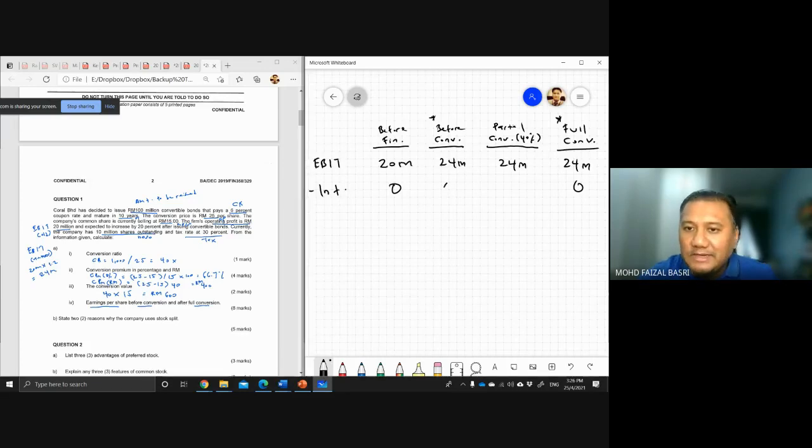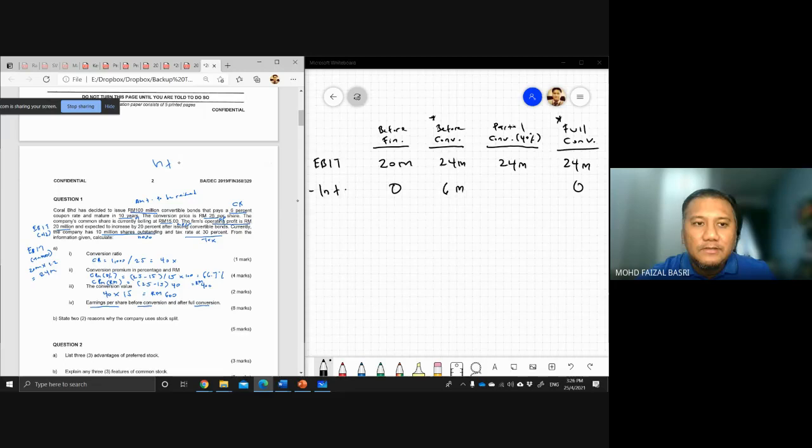So we have to minus 6 million dekat sini. Again, how I get this 6 million? Interest equals the coupon rate, 6%, multiplied with 100 million, which is the amount to be raised. Kalau kita pinjam 100 juta and the return is 6% of the 100 million, so just multiply lah, then you get the 6 million.